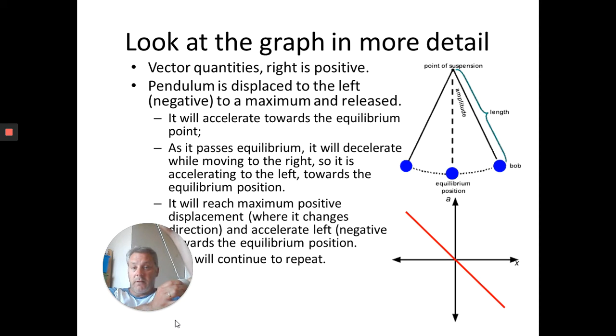And then it'll start moving towards the left again, past the midpoint, and carry on this way. So at its extremes, acceleration is at its maximum. When it passes the midpoint, it's at maximum velocity. Where it changes direction, you get zero velocity.